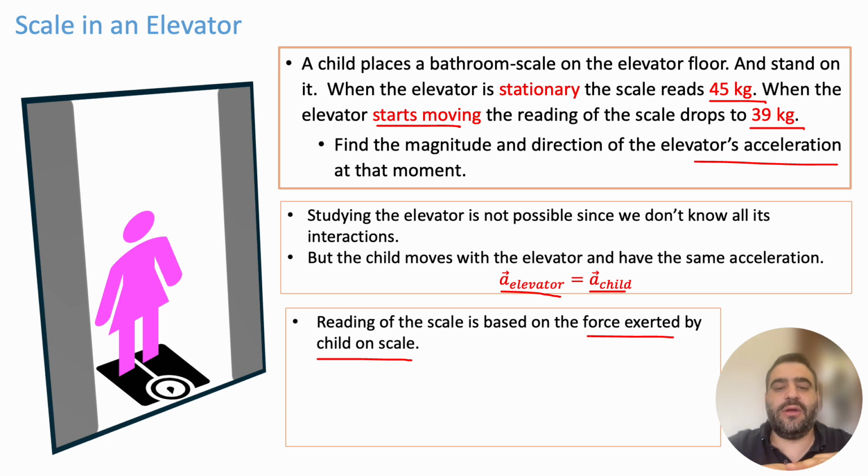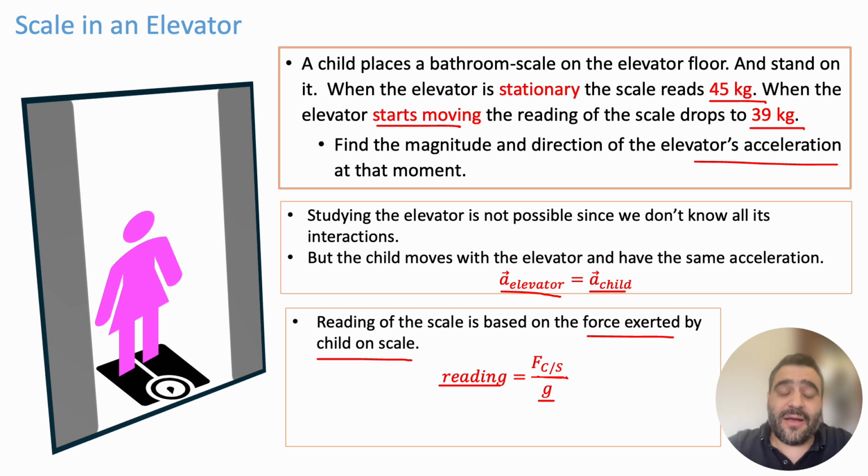There might be a spring or something in the scale that varies or has a scale on it, and it gives us the reading in kilogram. So basically the scale is calibrated to read the force that the child exerts on the scale divided by the gravitational acceleration g, and it gives us the reading directly in kilogram.